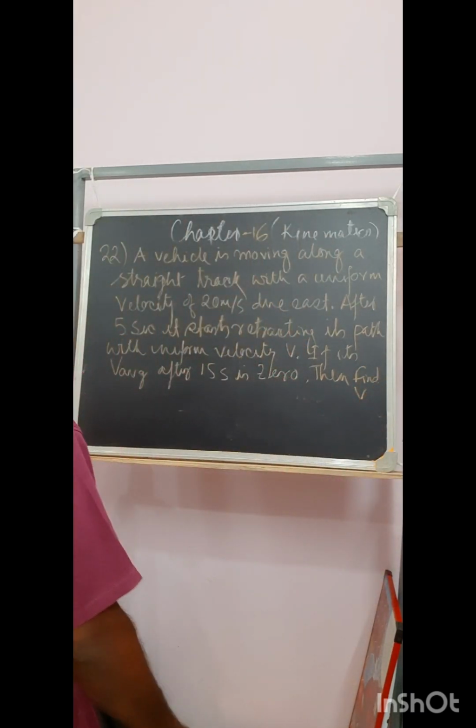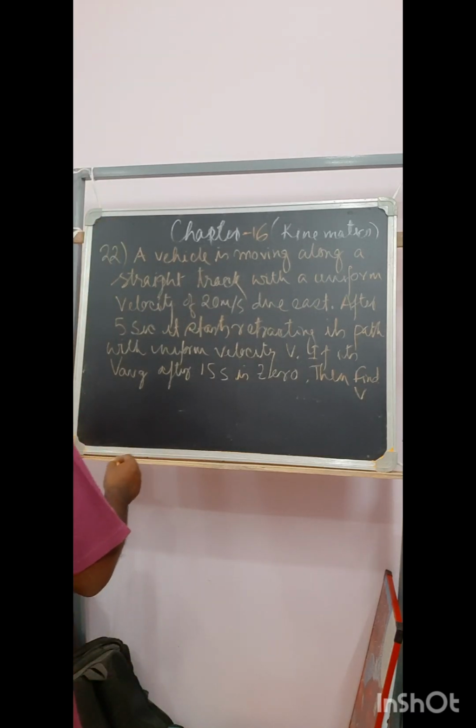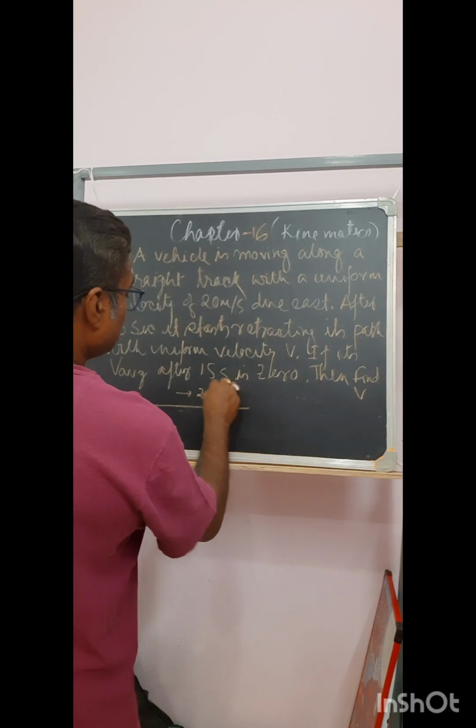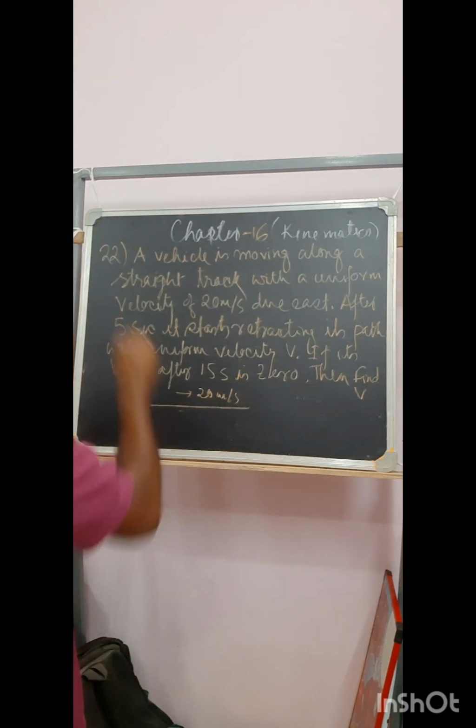So a vehicle is moving along a straight line track with the uniform velocity 20 meter per second due east.